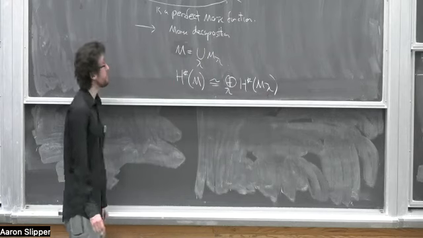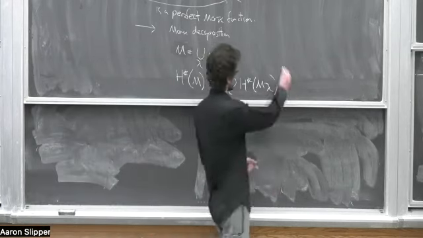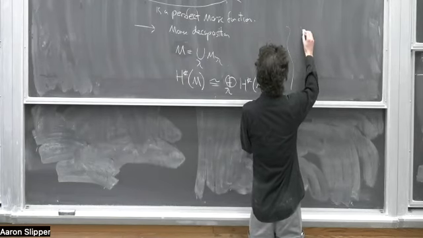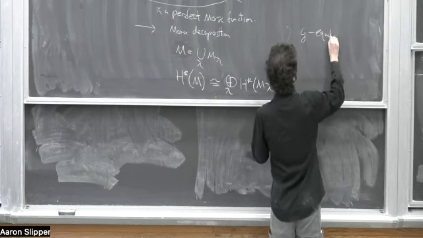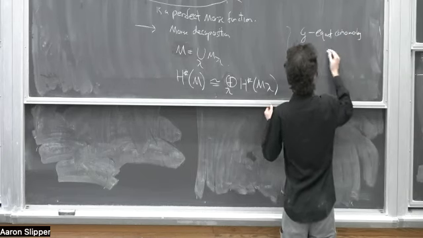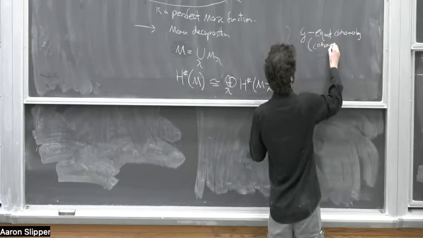So what you want to do in the Atiyah-Bott case is you'd like to think about the G-equivariant cohomology. So this, in our modern language, will be the cohomology of the moduli stack.